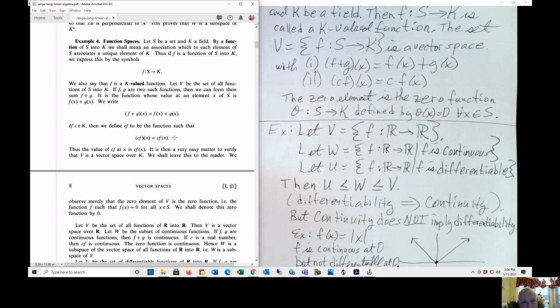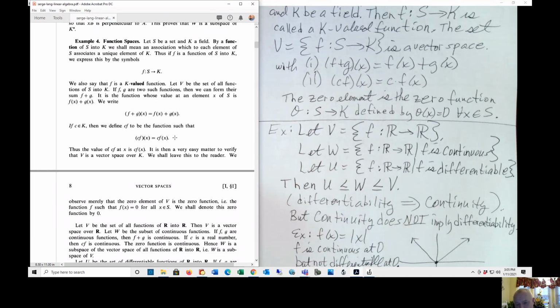Definition of a function. So every element of S is mapped or associated with only one unique element in the scalar field K. And of course, you're probably familiar already with the symbolism for a function, f colon S arrow K, that symbolizes that f is a function that maps elements of S into the field K. We call this function a K-valued function.